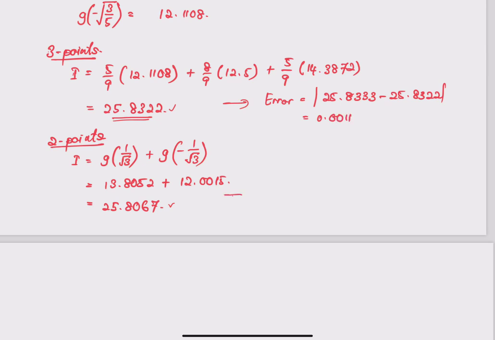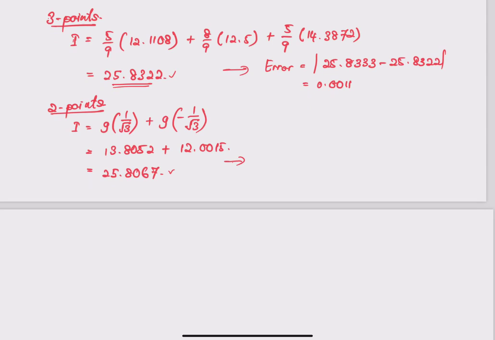While for the 2-point, the error is 25.8333 minus 25.8067, and for this one you will get 0.0266. So this is the difference between 2 points and 3 points.